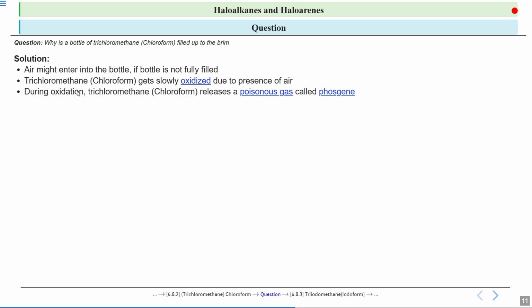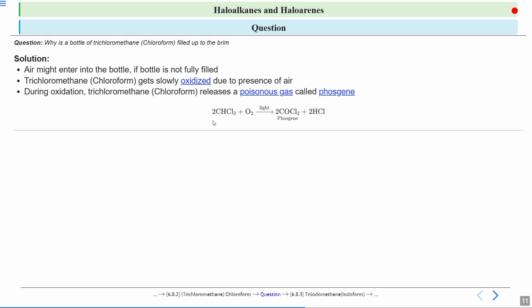And during the oxidation process, the chloroform, the trichloromethane, releases a poisonous gas which is called phosgene. So the product that you get after the interaction of chloroform with the air is called phosgene, and this is also a poisonous gas, very, very harmful.